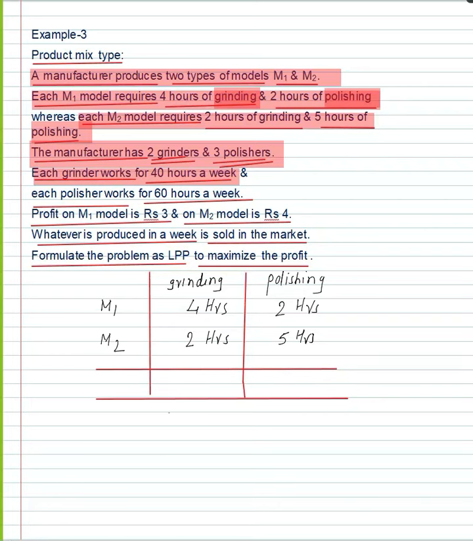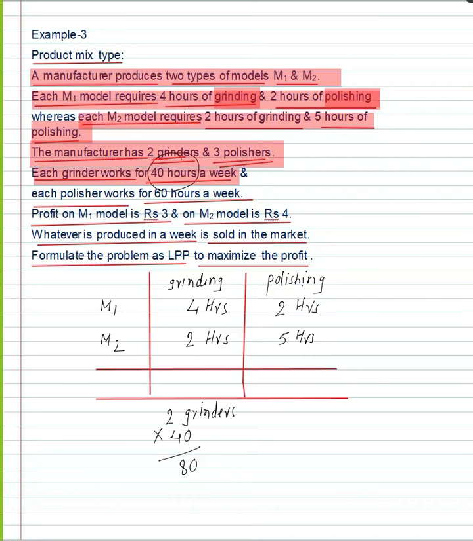How many grinders are there? 2 grinders. And each grinder works for 40 hours. So 2 grinders will work for 80 hours per week.